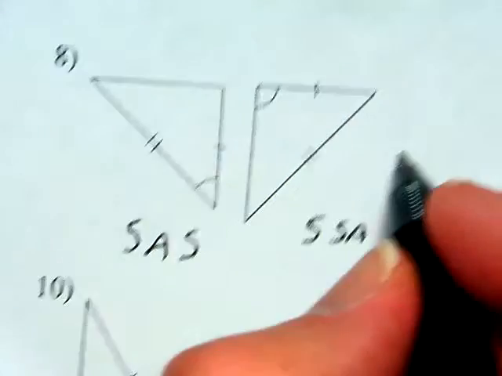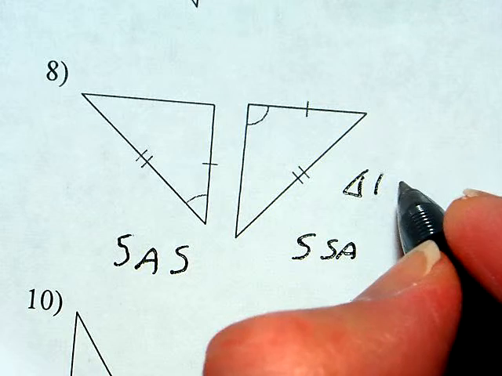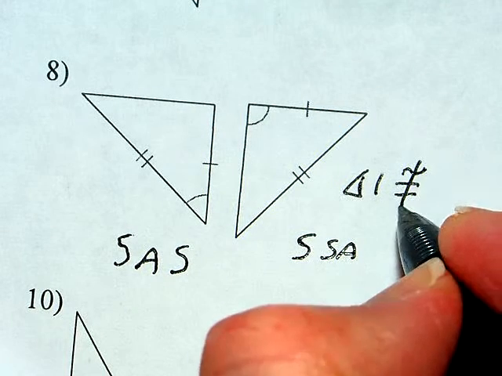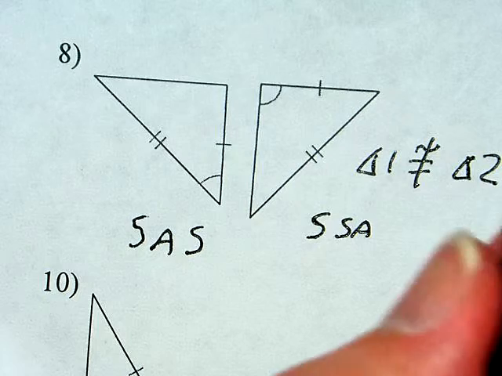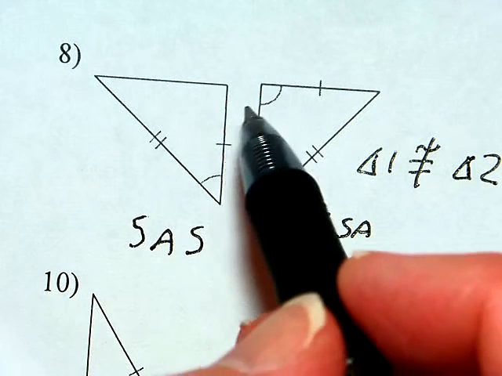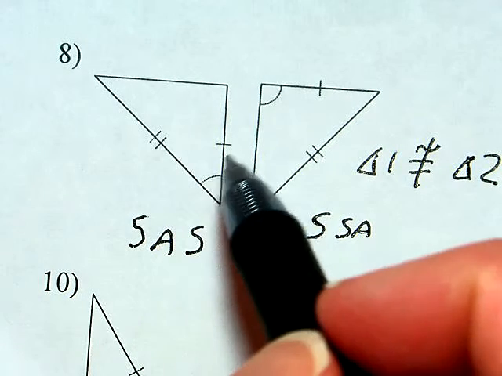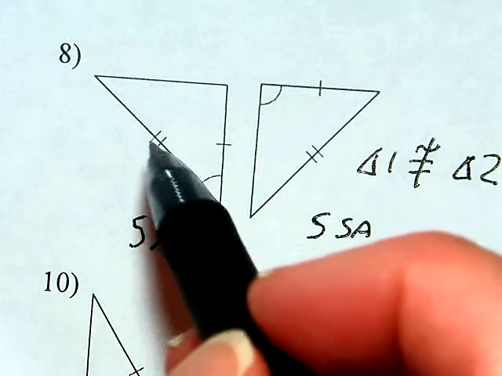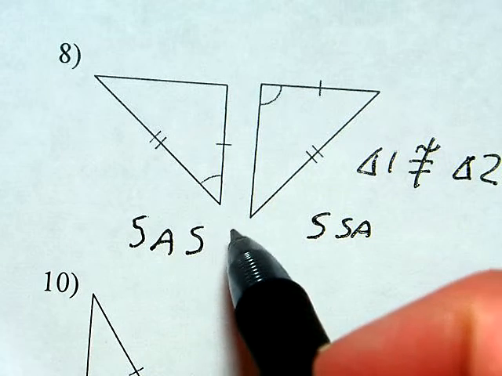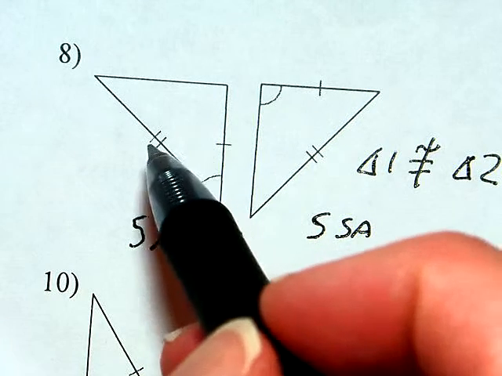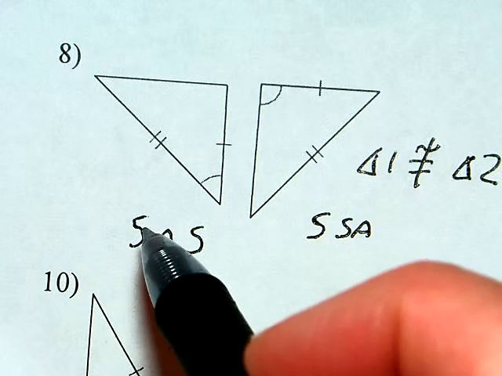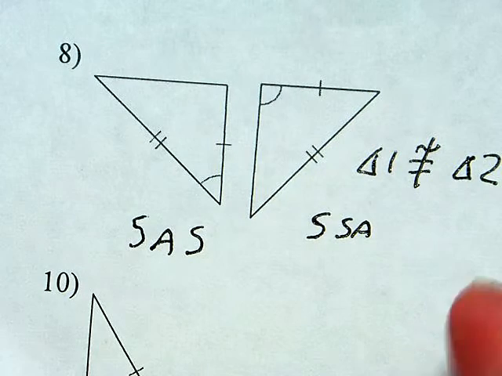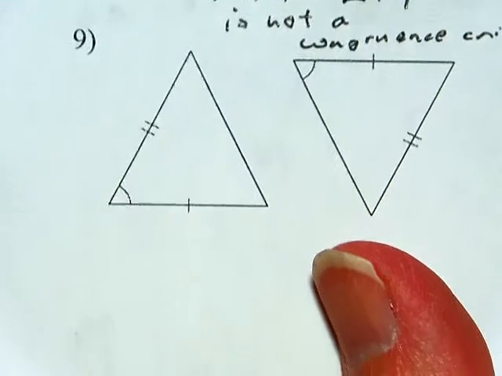And therefore, triangle 1 is not congruent to triangle 2. It's really important to keep in mind it's not just that they have a side and an angle congruent, but they have to be corresponding, which means they have to be in the same order within the triangle, like an SAS here and an SAS on the right. If you have them like SAS and SSA, they're not corresponding. There is no congruence.